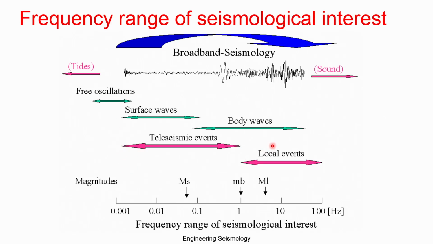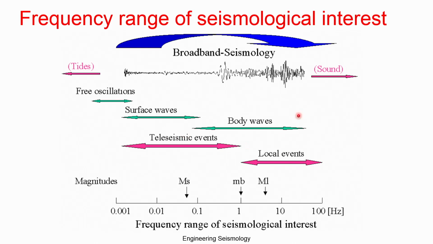The range covered from the free oscillation frequency to the body wave frequency, the middle of that range, is the teleseismic events, which can generally be recorded by the broadband seismogram. This is the event you can record. If you have an instrument like a broadband or very broadband seismometer, it can record very long distance earthquakes at your site.